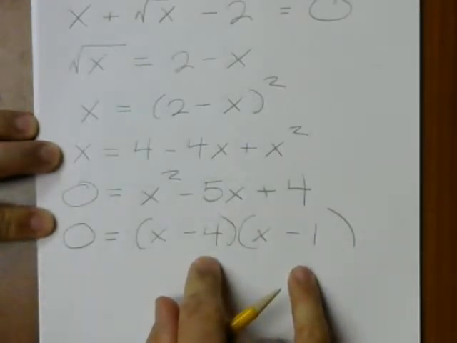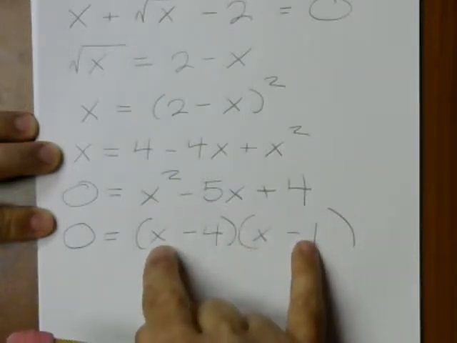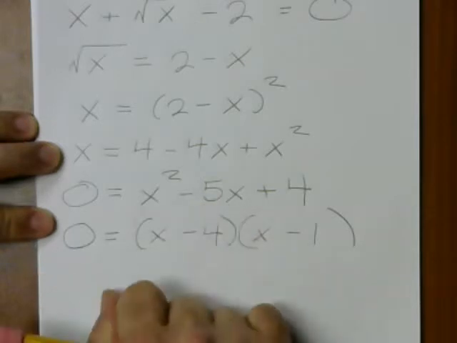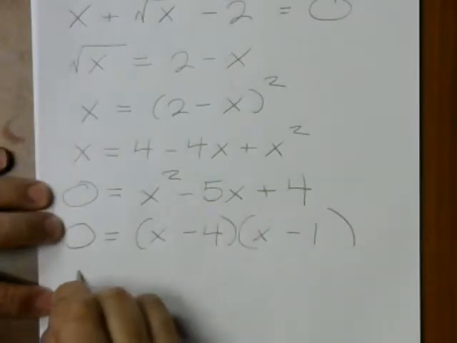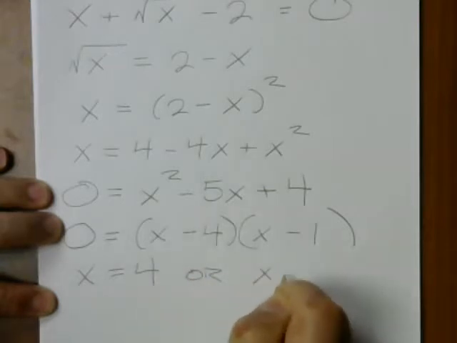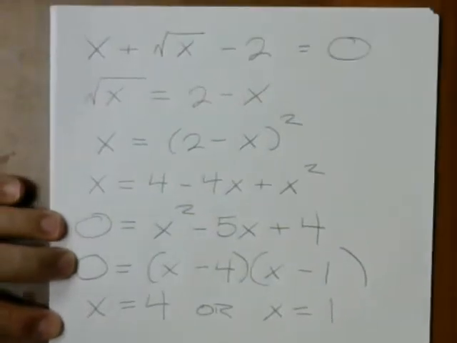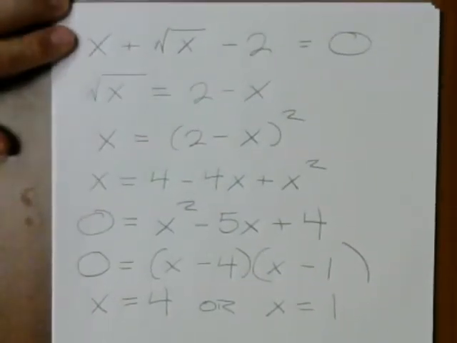Looks like x minus 4, x minus 1 works. 4 times 1 gives me 4, and minus 4x minus 1x gives me minus 5x. So I get x equals 4, or x equals 1.